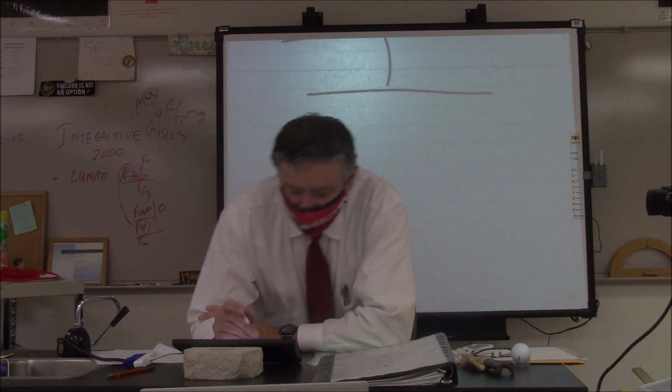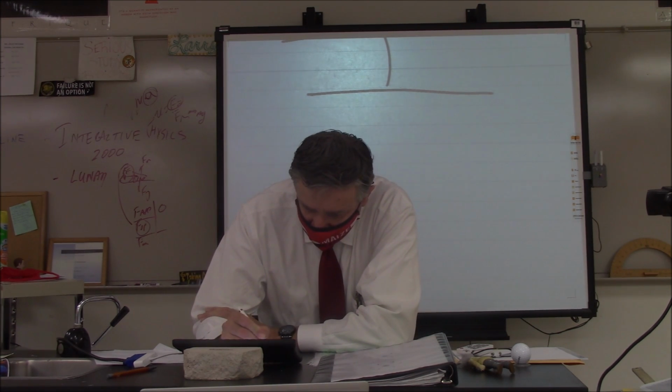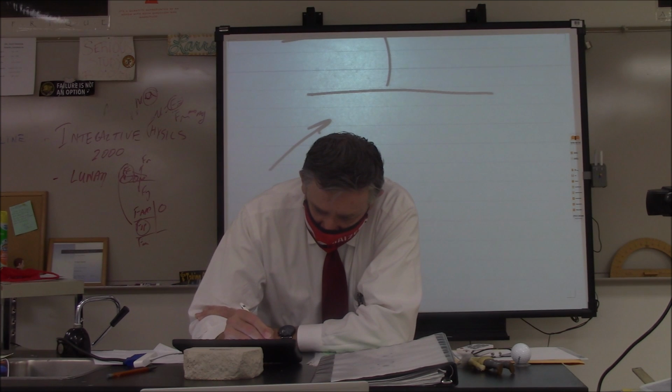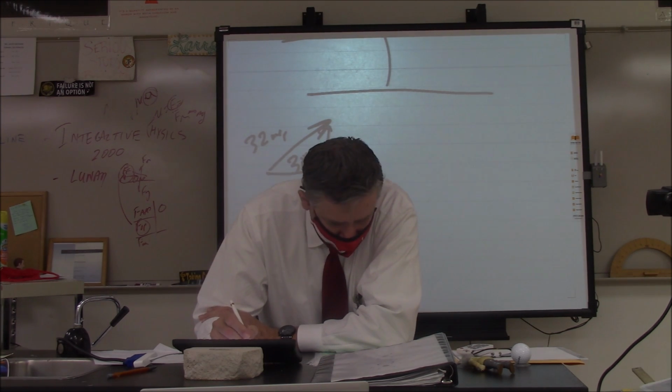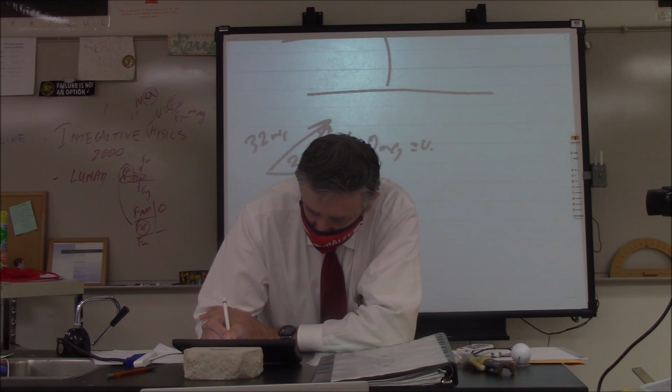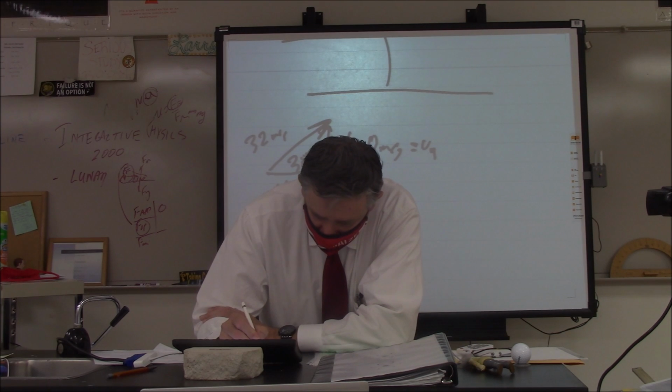Now let's talk about 5 and 6. So here's what's got to happen on 5. You've got this launch velocity of 32 meters per second, and the angle is 30 degrees. So you've got to find your Vy, and you've got to find your Vx.